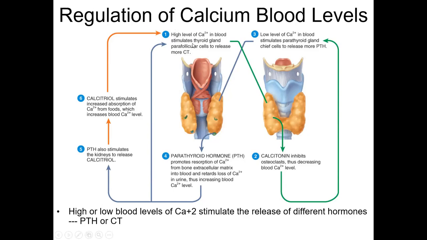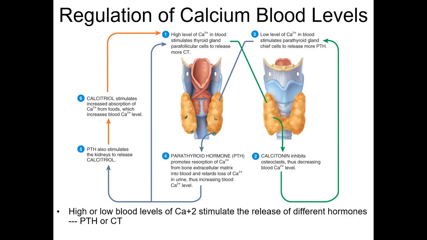So to maintain a normal homeostatic range of blood calcium, the parafollicular cells in the thyroid gland react to this, and they will secrete calcitonin. Calcitonin will slam the brakes on osteoclasts, and osteoclasts will stop bone degradation.